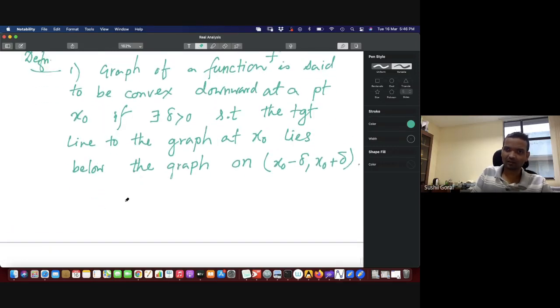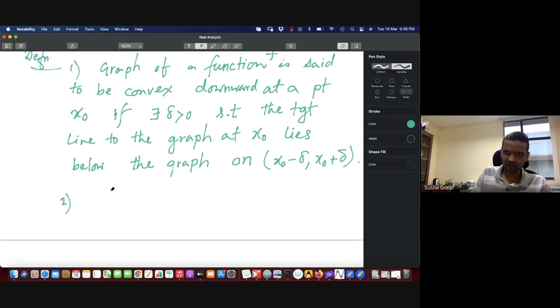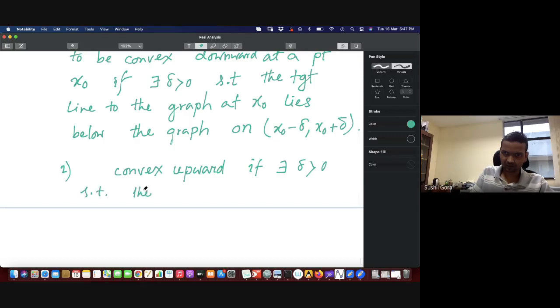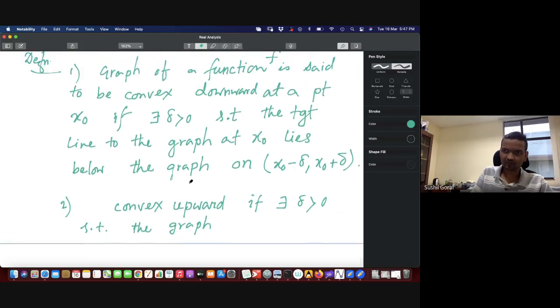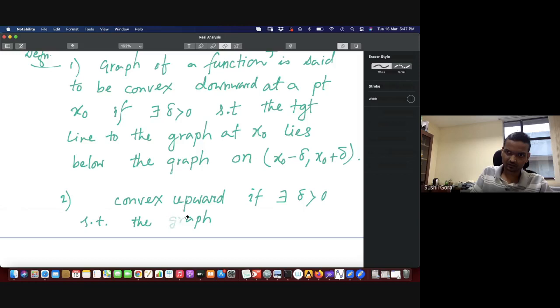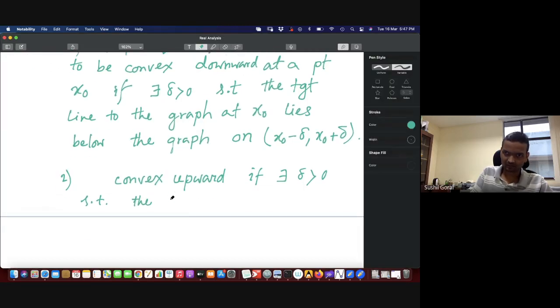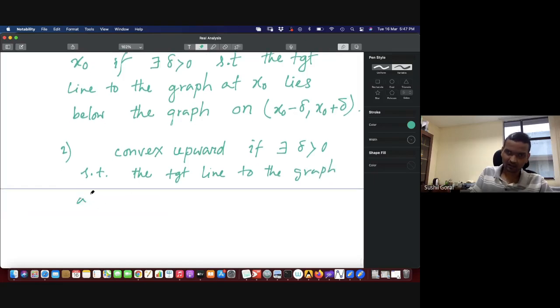Right? So similarly, one can define convex upward if there exists delta greater than 0 such that the tangent line to the graph at x naught lies above the graph.